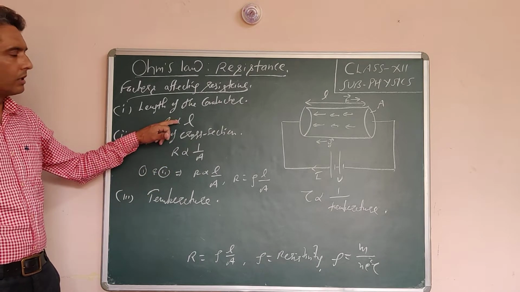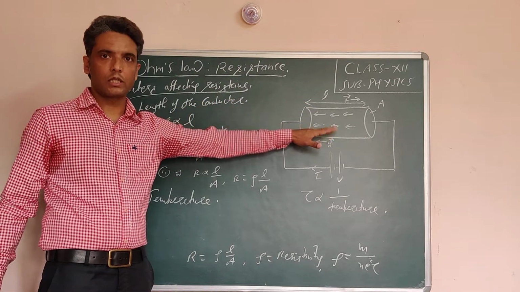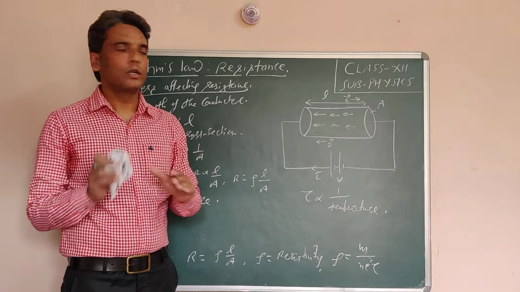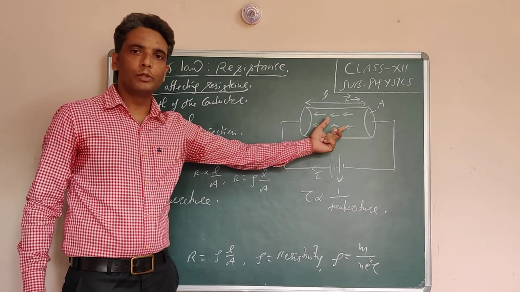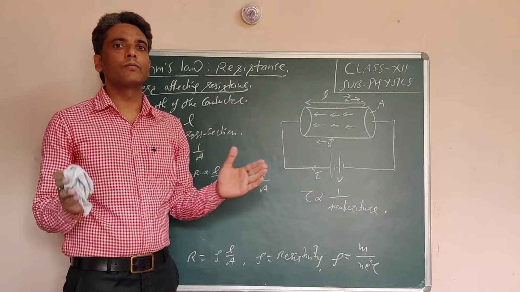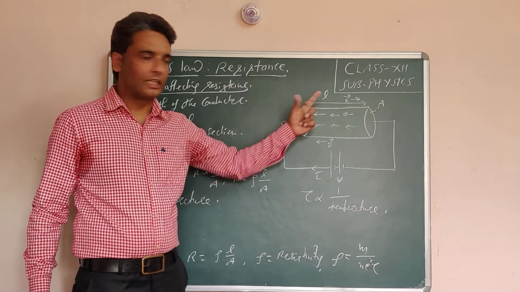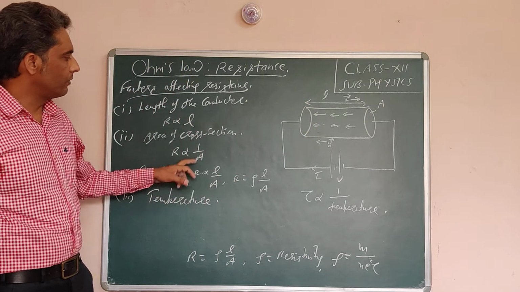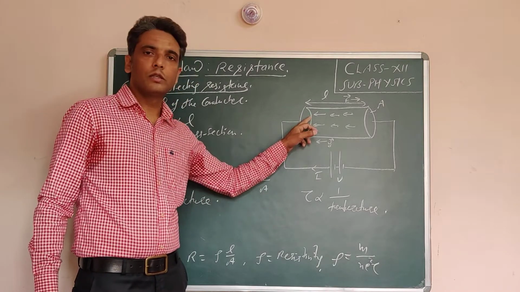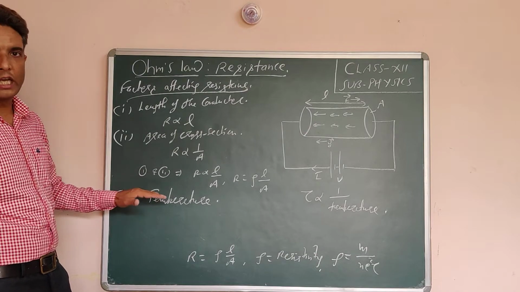As far as length is concerned, resistance is directly proportional to the length of the conductor. As I said, resistance is the obstruction to the flow of current. So the larger the length of the conductor, electrons have to travel a larger path, means they will suffer more obstruction. So resistance is proportional to length. Second, it is inversely proportional to area. The larger the area of cross section, the smaller will be the resistance. And the third factor is the temperature.